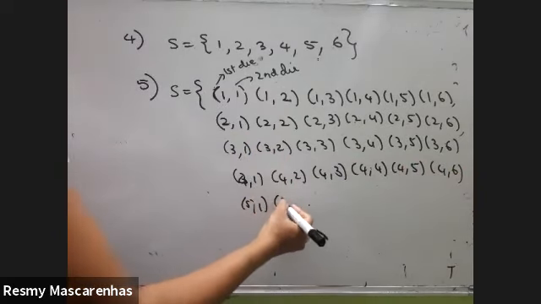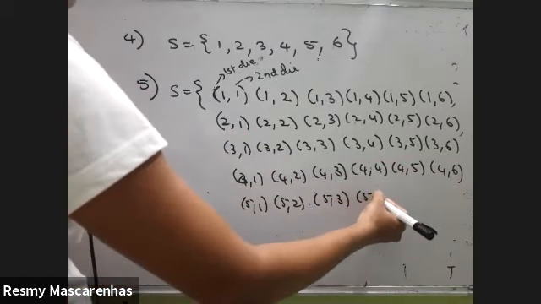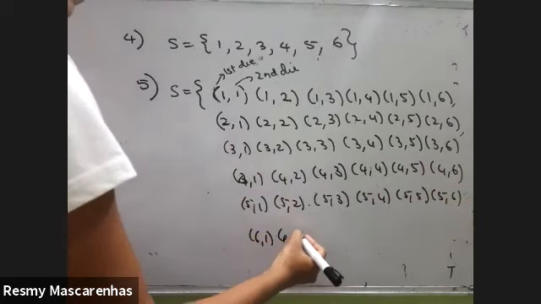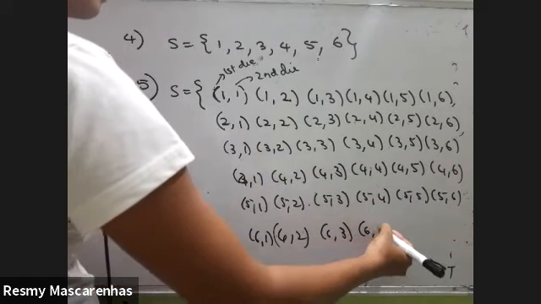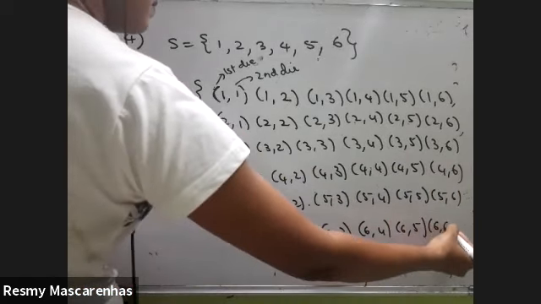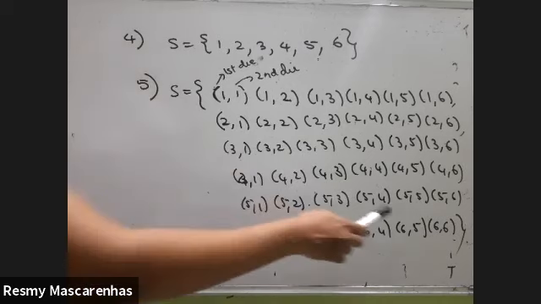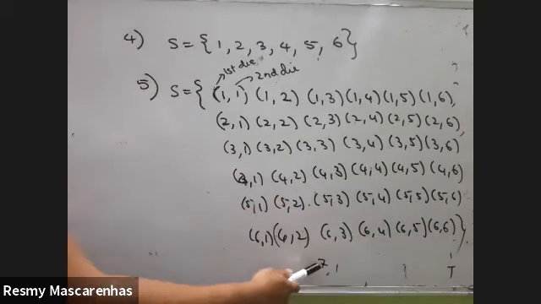Five comma 1. So you have to stop here because both have reached 6 comma 6. You cannot try with 7 comma 1 because there is no 7 on a die.